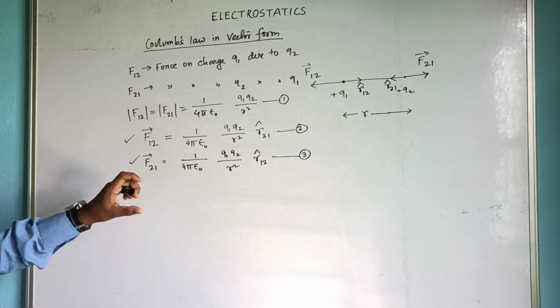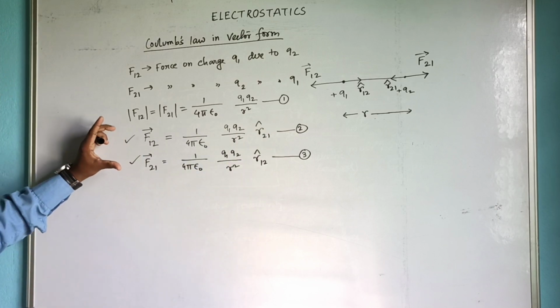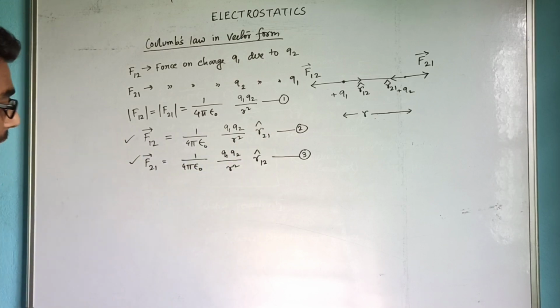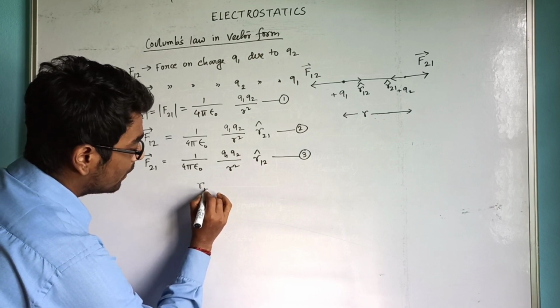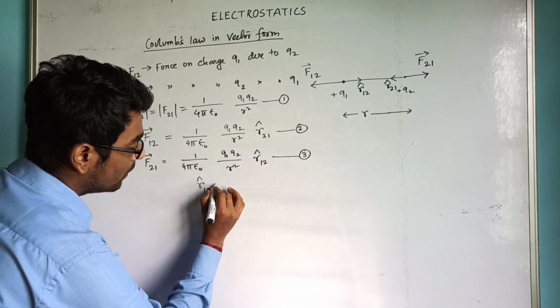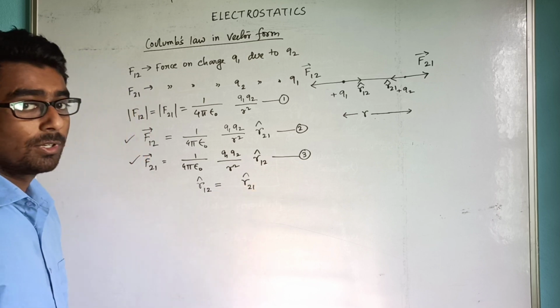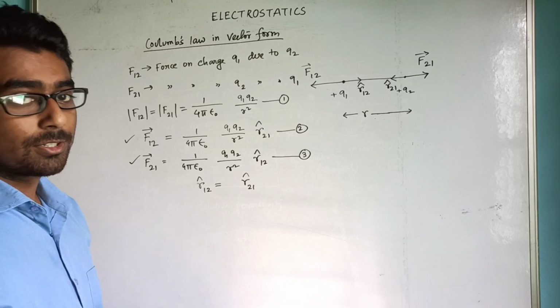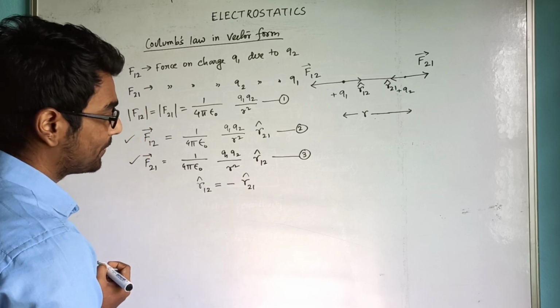Now, what can we conclude from equations 2 and 3? It can be concluded that R cap 12 equals R cap 21 in magnitude but is opposite in direction. As a result, we put a negative sign.